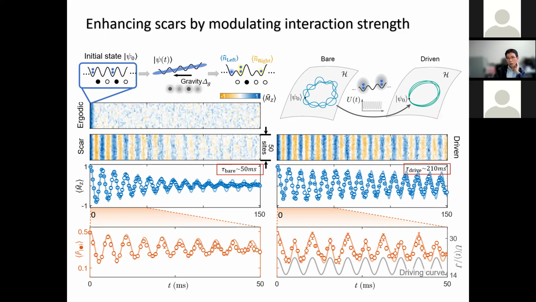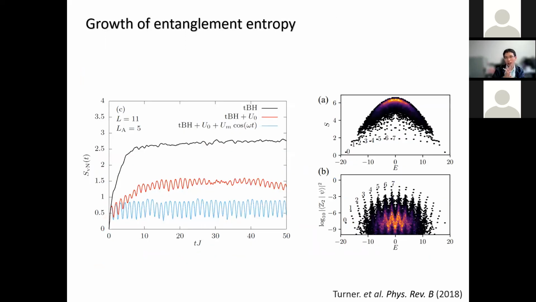So this is quite remarkable because you have this 50-site quantum simulator, and the Hilbert space is like 10 to the 28th, and yet it behaves like a 2-level system. Now, a key feature of this scarred system is that it has slowed growth of entanglement entropy. So for a system trapped in this scarred subspace, you should see this linear growth of the entanglement entropy.